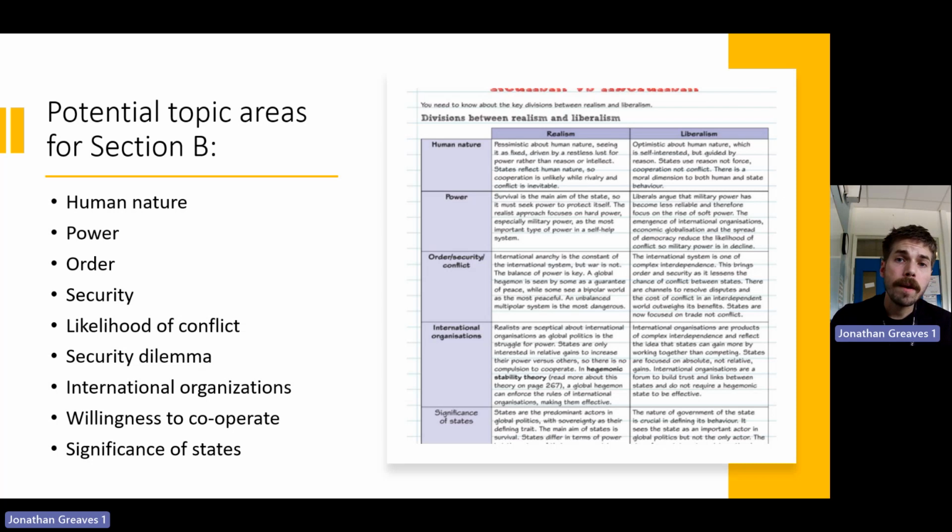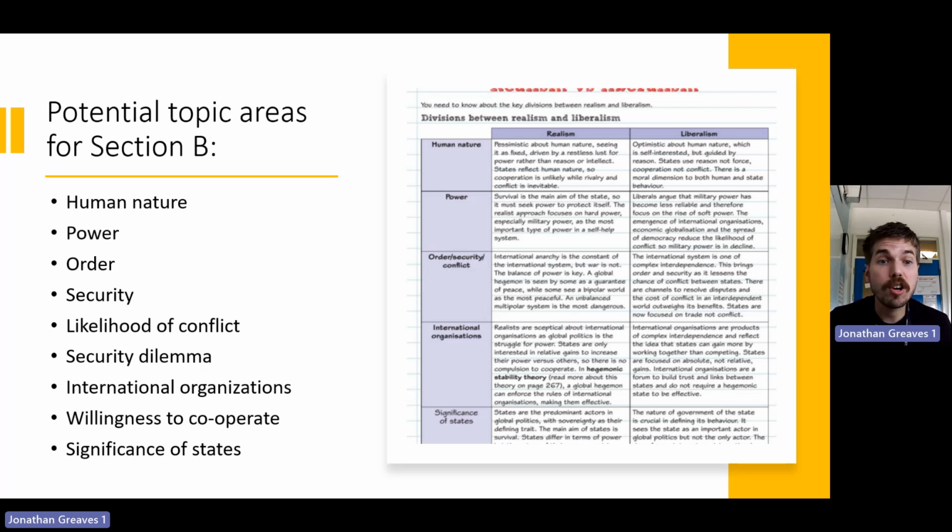First of all, whatever the question is about, it always makes sense to talk about human nature. So first paragraph, write about human nature, because a realist understanding of human nature informs a realist perspective on those things in front of you. Realists and liberals disagree about the importance of power because of their disagreement about human nature.